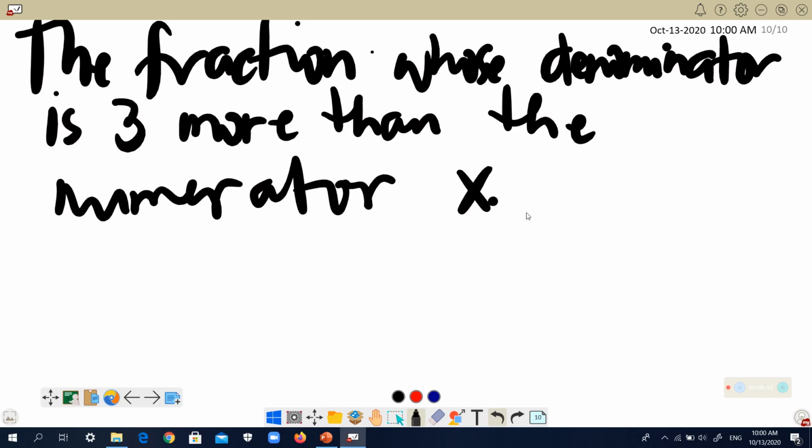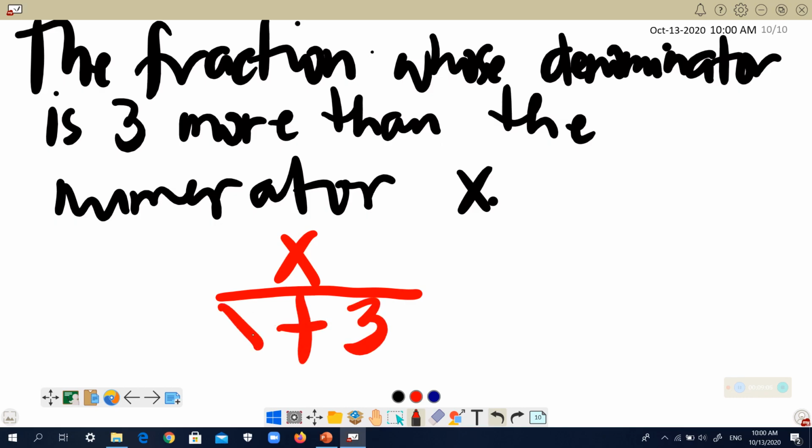This time we are going to take note again that you are going to find the fraction, so you have the fraction bar. The fraction whose denominator is 3 more than the numerator x. It is already given that our numerator is x, and for you to find the denominator, you will have 3 more than our numerator x. So that's why we have x over x plus 3 for our translation.